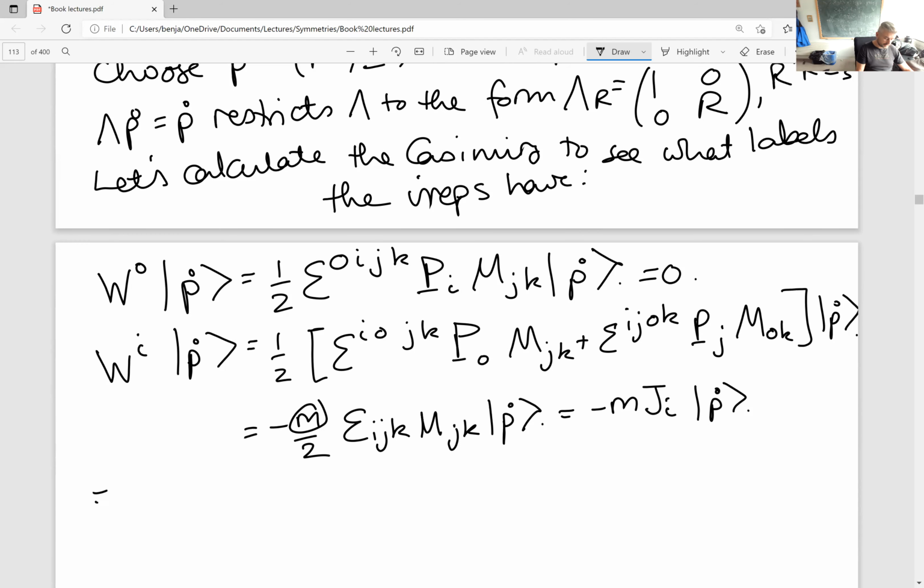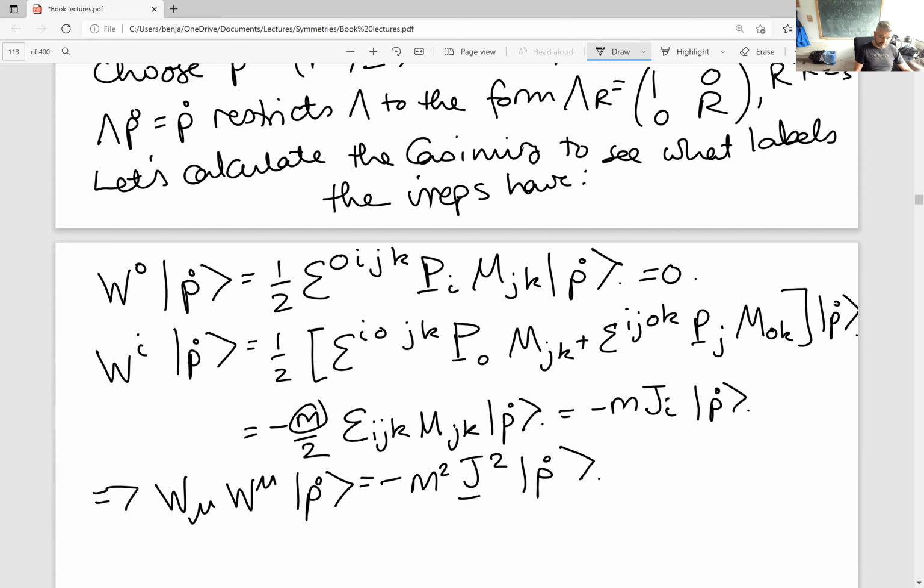So we're now in a position to compute the Casimir, which we said before was W mu W mu. We get minus m squared J squared acting on P dot. And we know these J i's are just SU(2) generators, and so this gives us minus m squared j(j plus 1) acting on P dot.